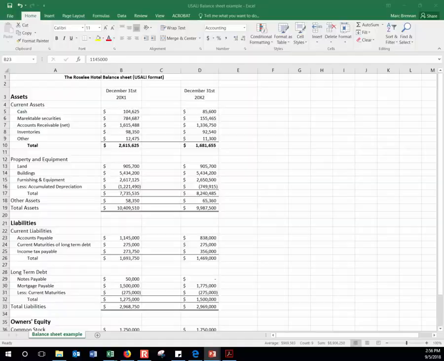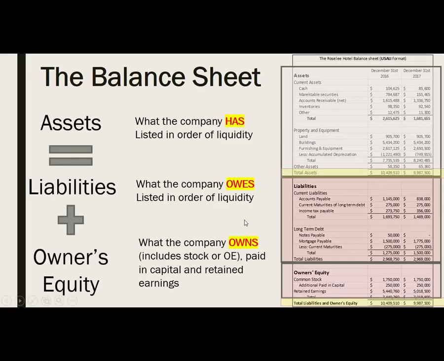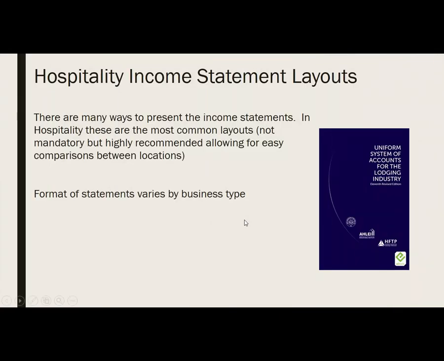Now, you've heard me talk about USALI, USAR, okay? And what it is really is there's numerous ways to present income statements. A company could decide to do it in their own way, but it's in the best interest of a hotel or restaurant to follow a common layout, which is what hospitality organizations do.